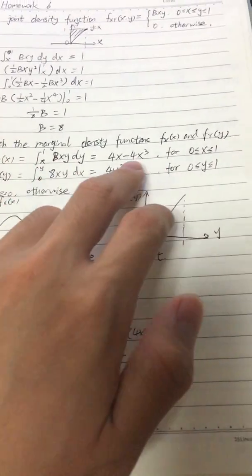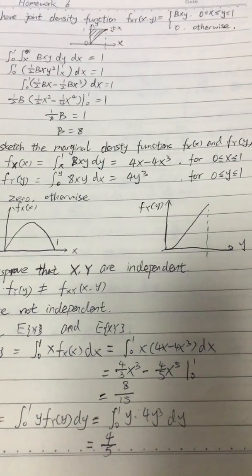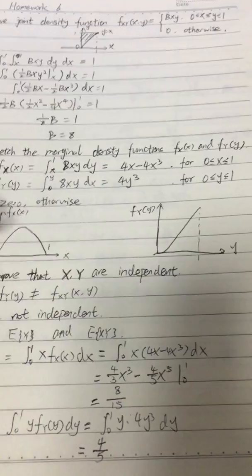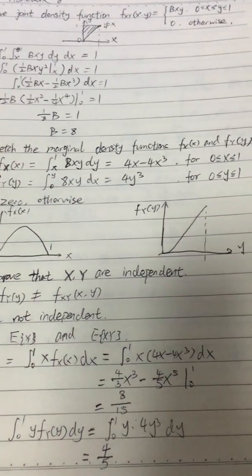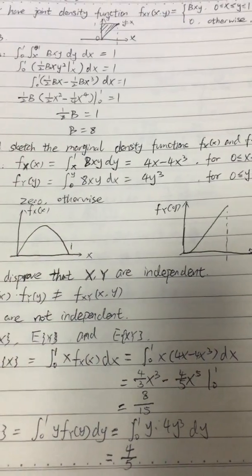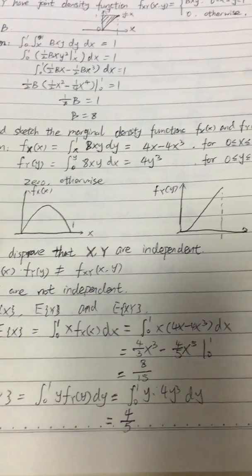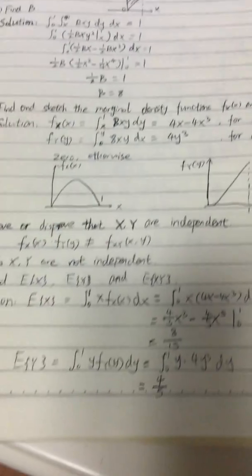So we can solve out that it equals 4x minus 4x^3. And fy is equal to the integral of this function over x, where x is from 0 to y. We can easily draw the figure of these two functions like this.